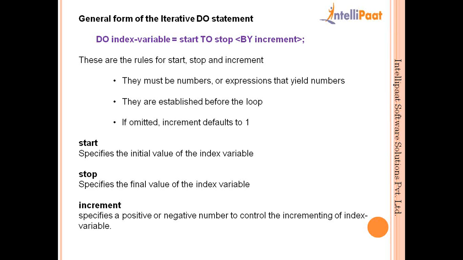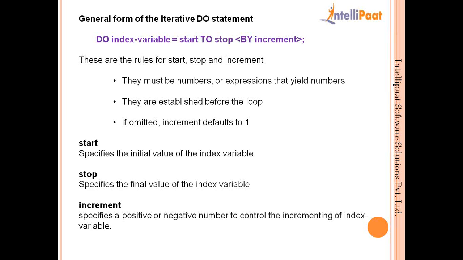So if you are not mentioning anything by increment, then it defaults to 1. Let us suppose you want to run a loop from 1 to 10 and you have not mentioned the increment, so automatically it will increase by 1 every time. First time it ran for 1, then the second time it will run for 2.